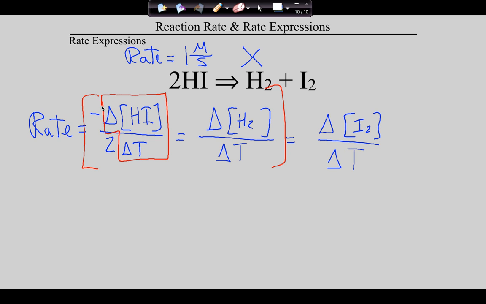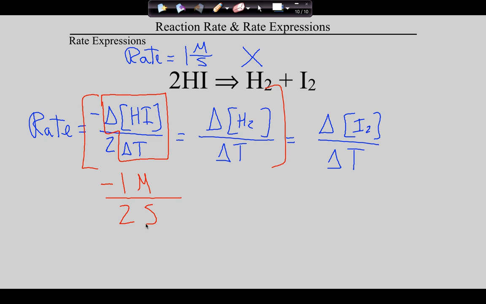That's the part that I just put in the box. So we've got molarity, change in molarity, and change in time. So functionally what we've got is negative divided by 2, and then in there goes the speed, 1 molarity per second.